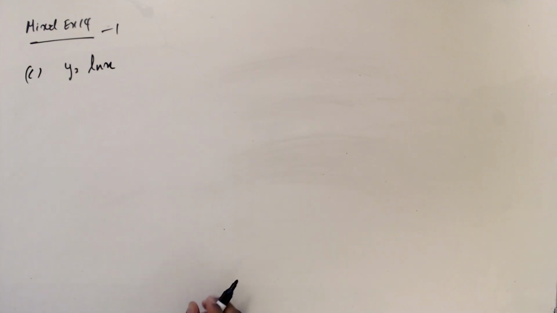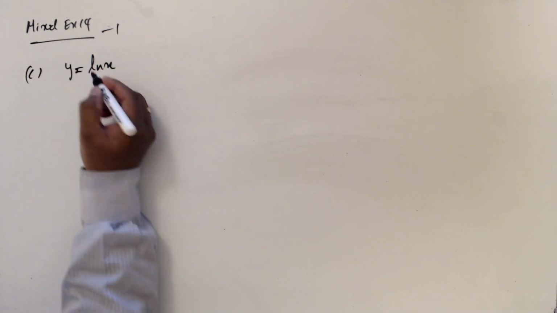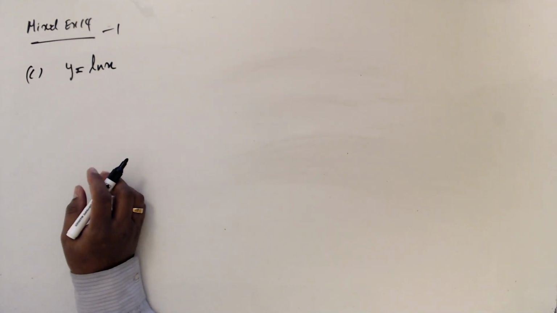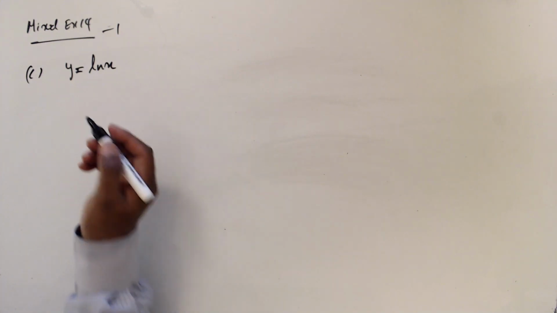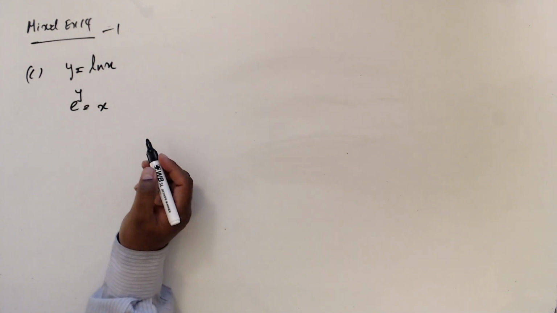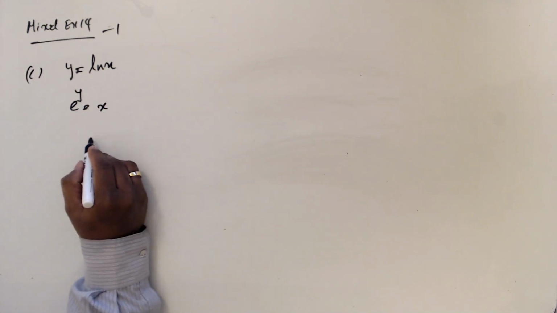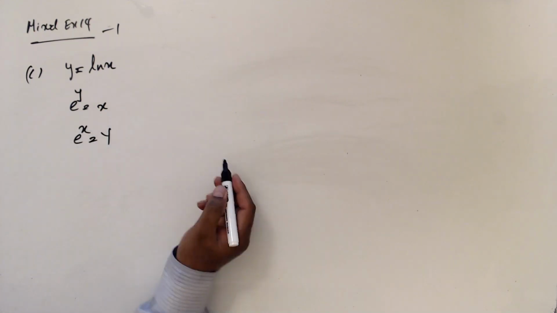The next one is y equals ln x. If you are not sure about this, we can approach it differently. I can write this as x equals e to the power y. Then I can change x and y, so y equals e to the power x.